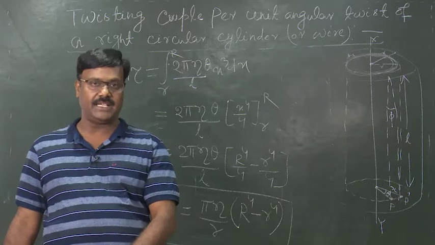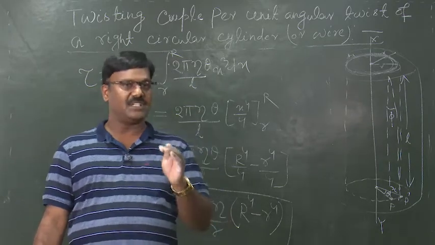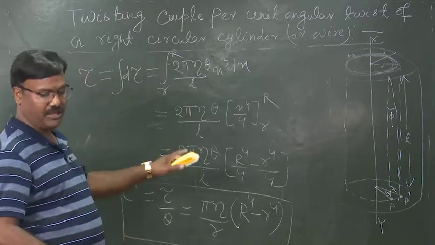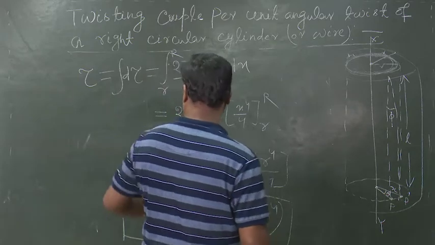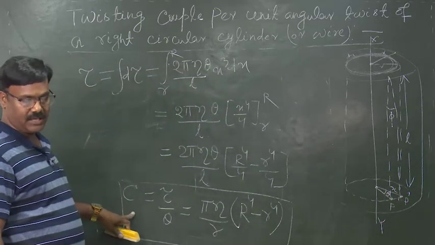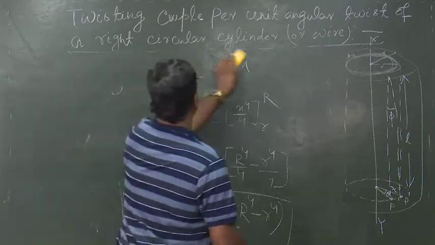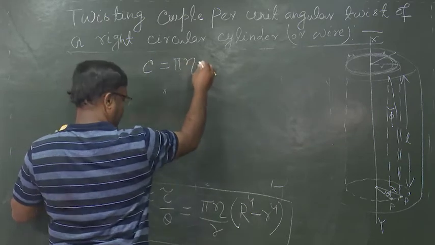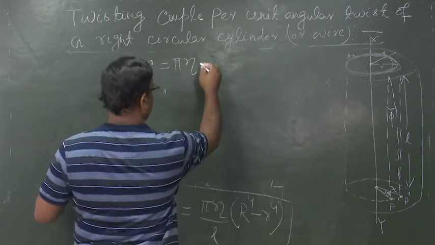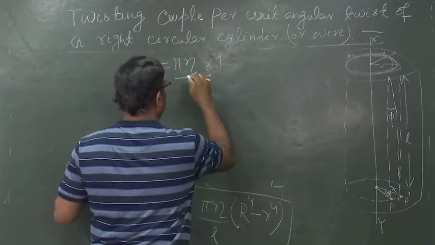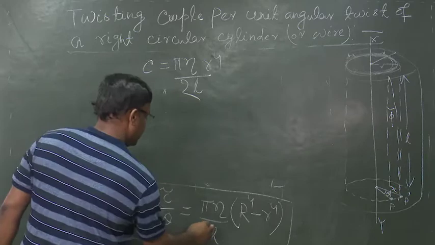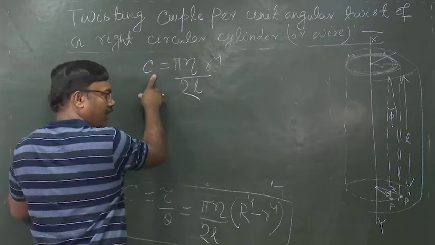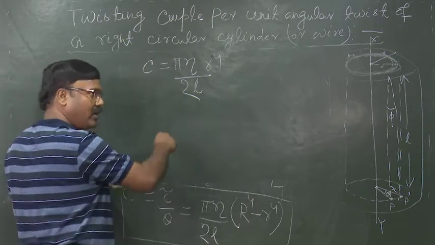Let us consider why the transmission torque is more in the case of hollow cylinders rather than solid ones. Here we have seen the torsional couple for a solid cylinder: C is equal to pi eta r to the power 4 by 2L, that means the torsional couple per unit angular twist of a solid cylinder.